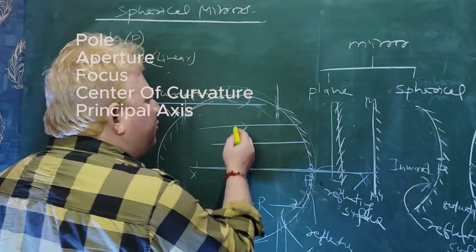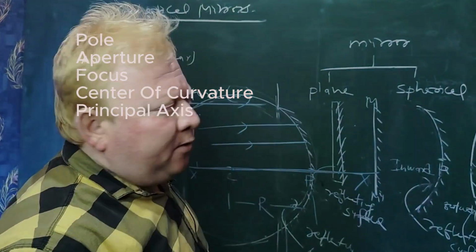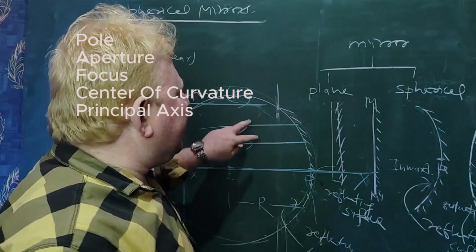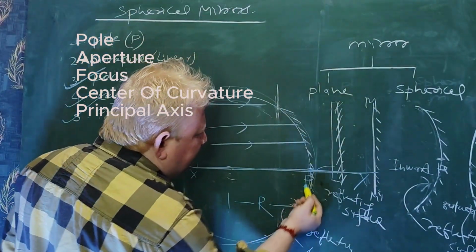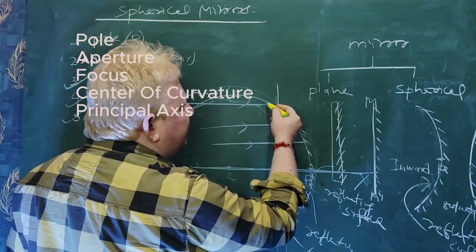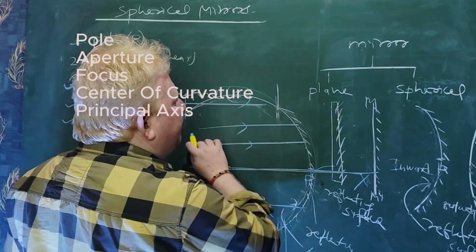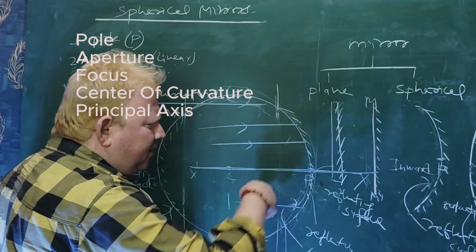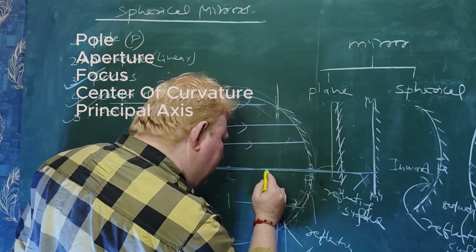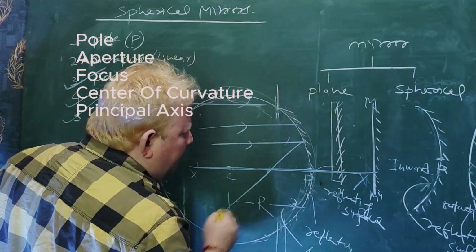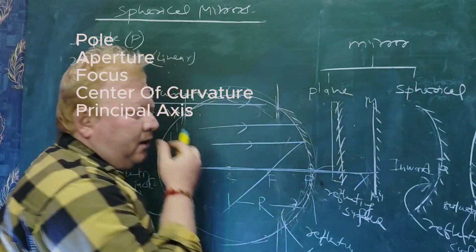Like these two rays we have considered, which are coming from infinity. After reflection, through this reflecting surface, it will pass somewhere like this, by this point. So this point is the focus.